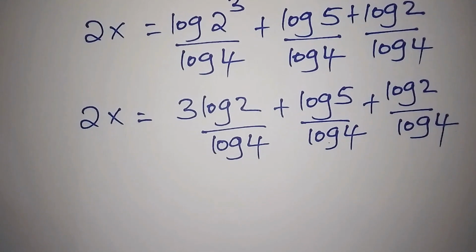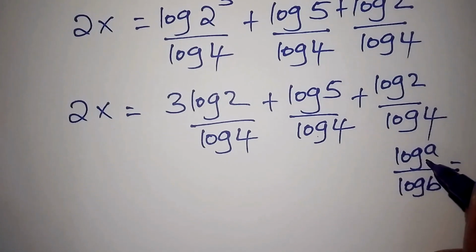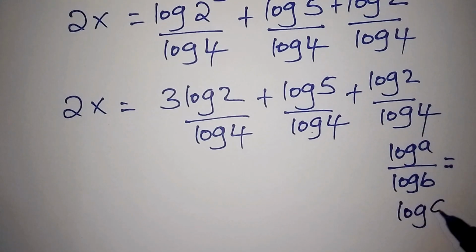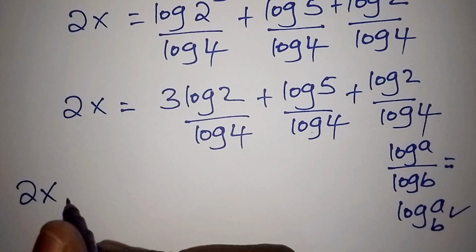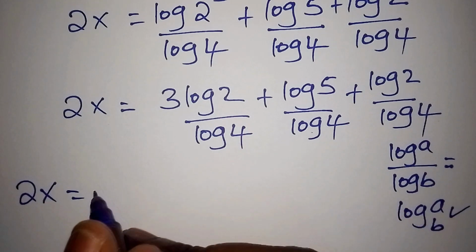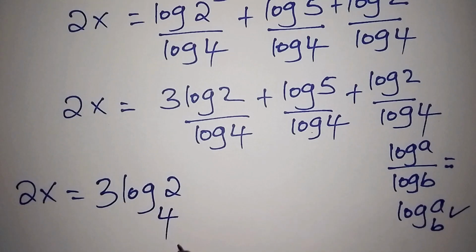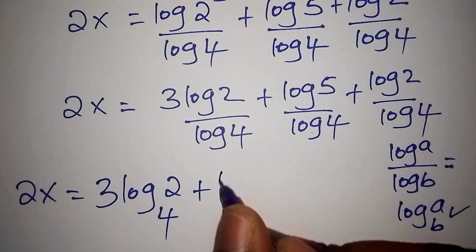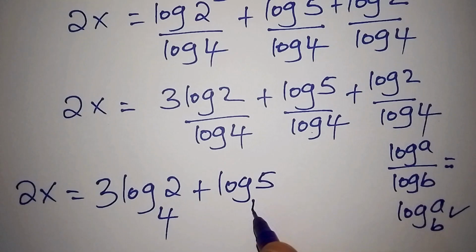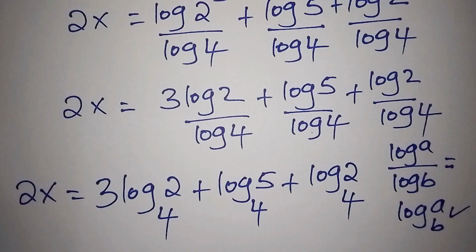So when we have, for example, the log of a all over the log of b, this can be written as the log of a to the base of b. So now 2x is equal to 3 the log of 2 to the base of 4, plus also the log of 5 to the base of 4, then plus the log of 2 to the base of 4.